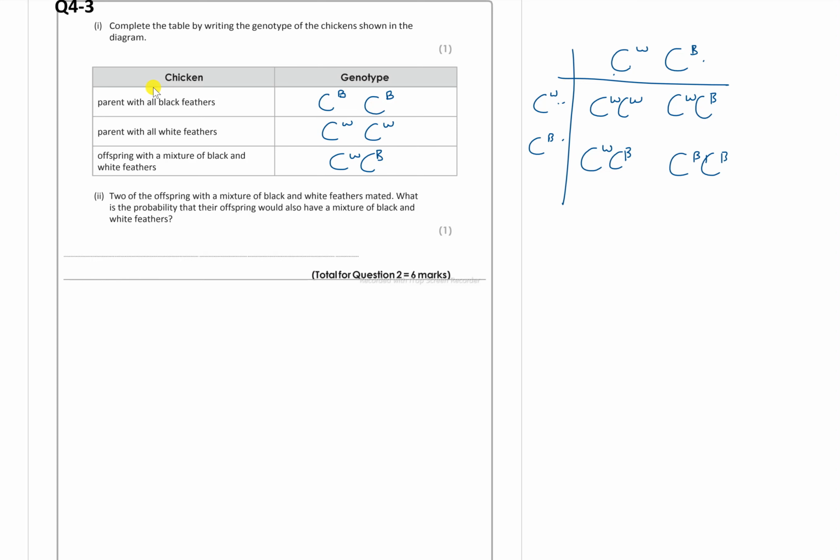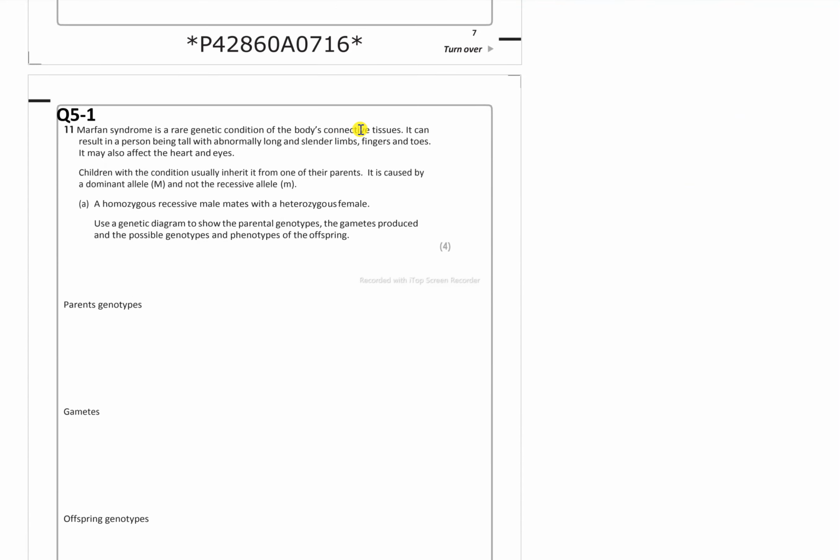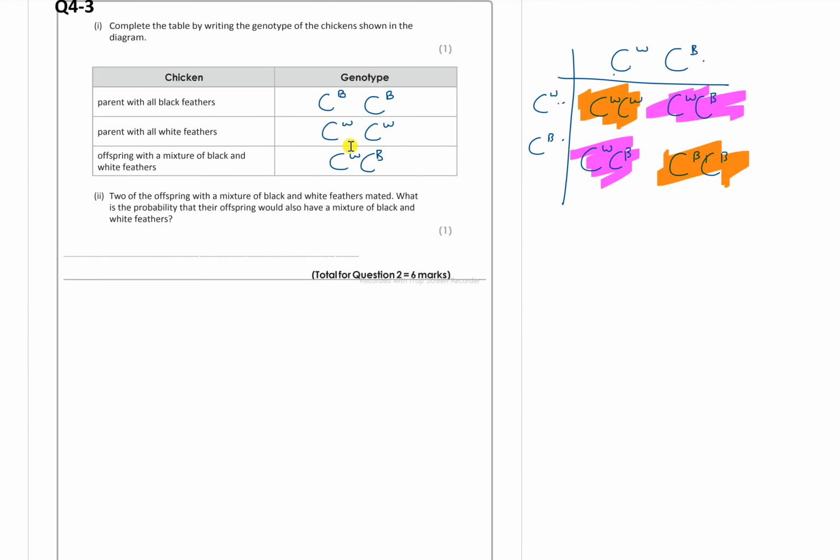So if you look here, they're all white, they're all black, and these two here are going to be grey or black and white. What's the, oh, probability, I didn't answer that. Two offspring, mixture of black and white, like we've done there. What's the probability that the next is also black and white? So that's these two. So there's a 50% chance.